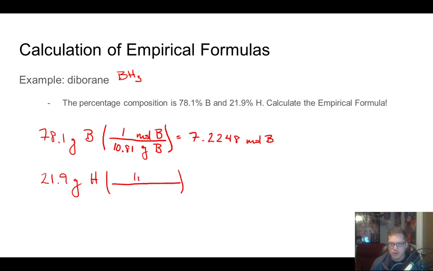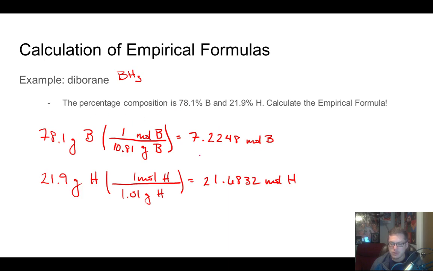Now we do the same thing with our hydrogens. For every 1 mole of hydrogen, we have 1.01 grams of hydrogen. The grams go on the bottom because the grams are here and we need them to cancel. So we take 21.9 divided by 1.01, and we get 21.6832 moles of hydrogen. That was our mass to moles: we did percent to mass, then mass to moles.